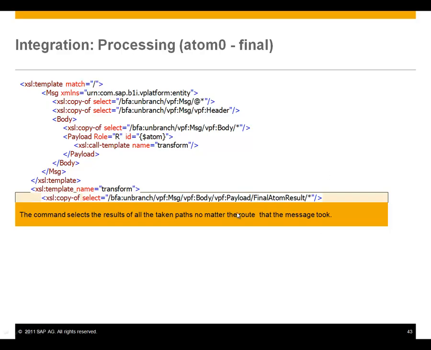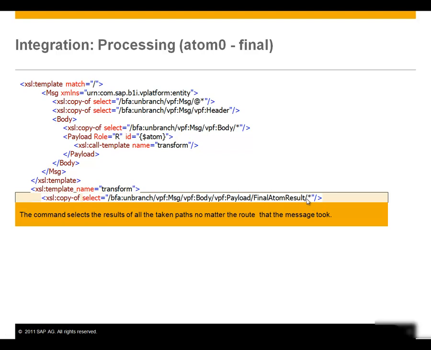In our final transformation, because our transformation is exclusive, it will go either to the path, or to the otherwise, we just go to the unbranch, message, body, payload, final atom result. So we put our code, all our transformation, the message for Business One, we put it inside final atom result. So we copy everything that is inside the final atom result.